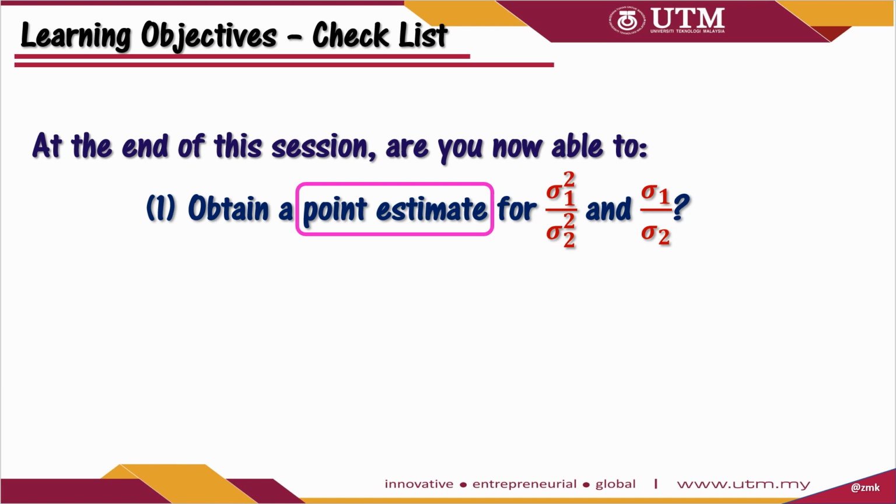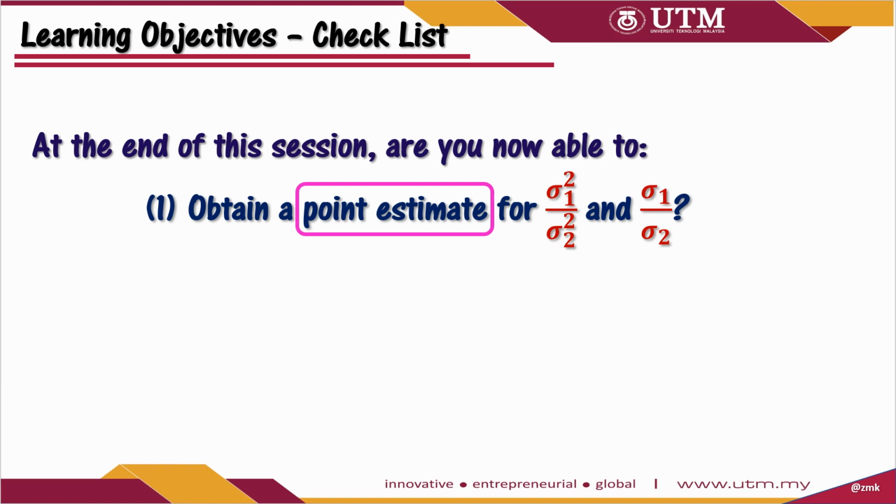Please recall that the point estimate for these ratios are the ratios of sample variances or sample standard deviations respectively, which you can obtain from sample data or sample information.